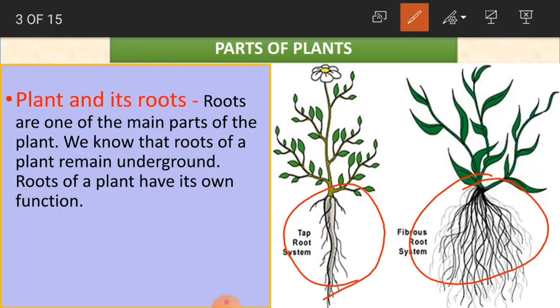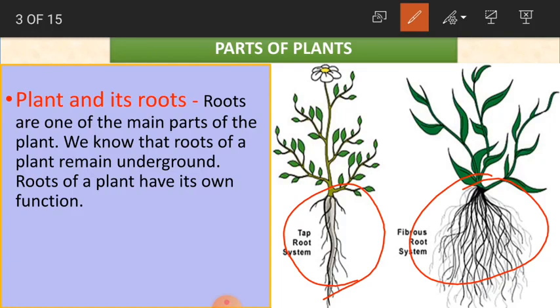It is very important for every plant to have roots. Without roots, no plant can live. As we human beings cannot live without breathing, in the same way plants cannot live without roots.